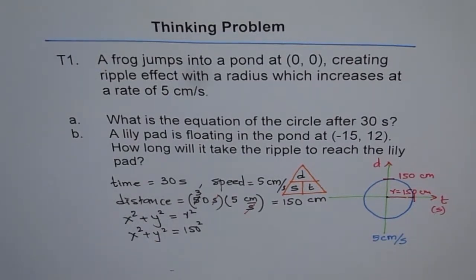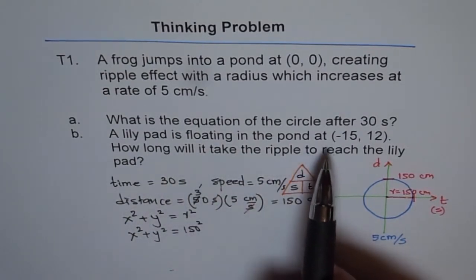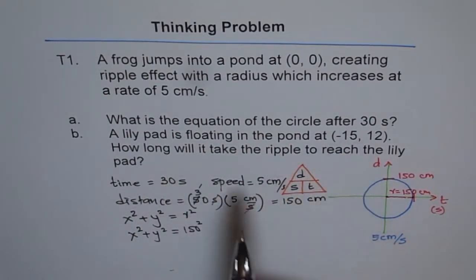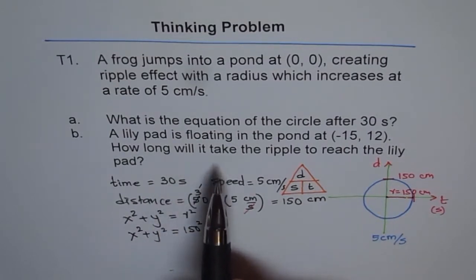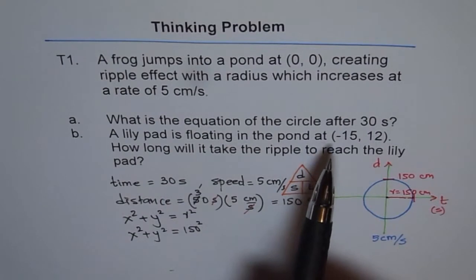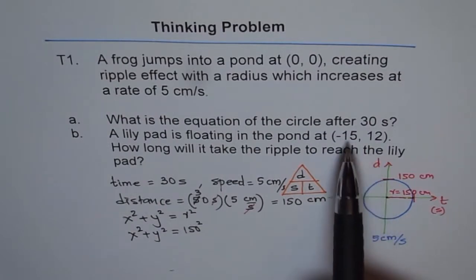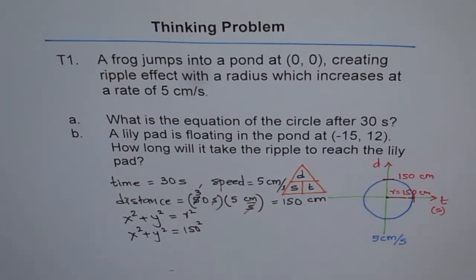Now the second part is, a lily pad is floating in the pond at minus 15, 12. How long will it take the ripple to reach the lily pad? So minus 15, 12. You have to figure out what is the distance from origin to the point minus 15, 12.